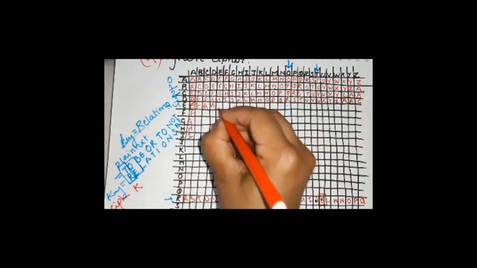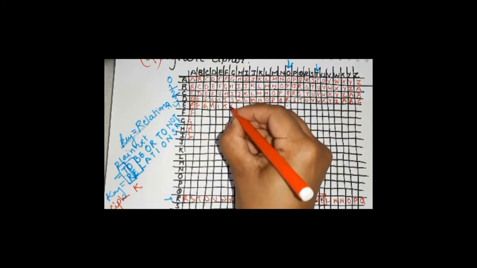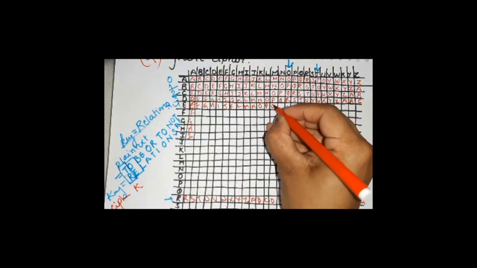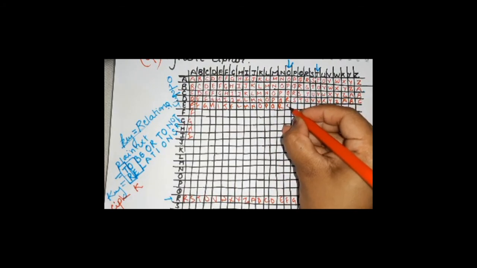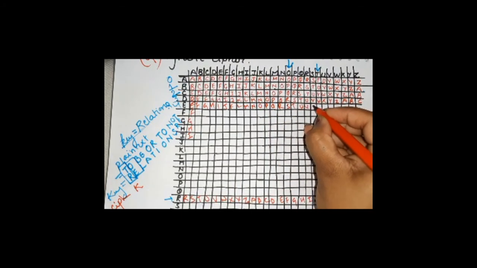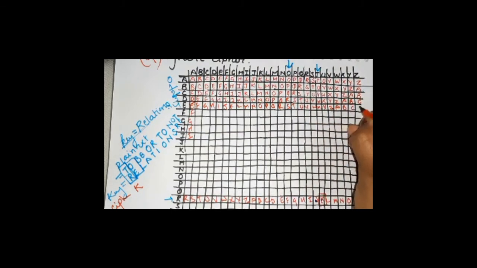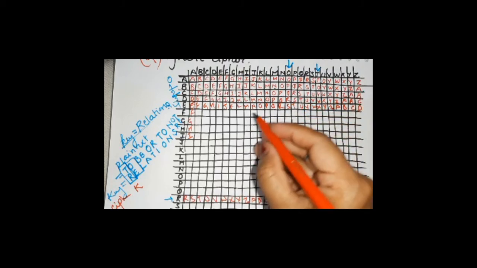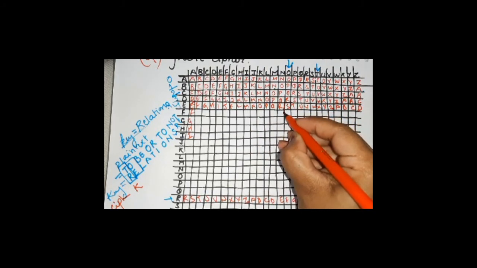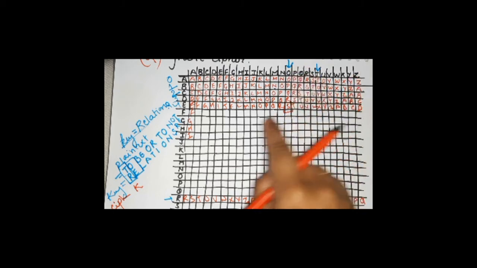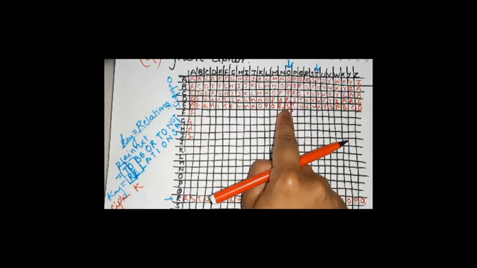E, F, G, H, I, J, K, L, M, N, O, P, Q, R, S, T, U, V, W, X, Y, Z, A, B, C, D. So the intersecting value here will be what? S. Yes? If you need to find out the intersecting value for O and E, it will be S.